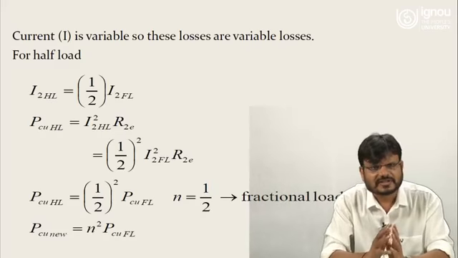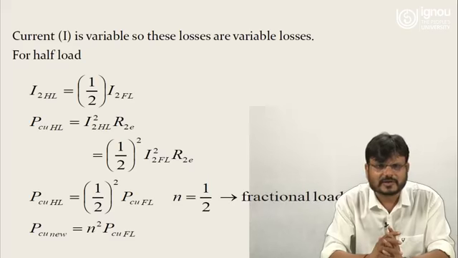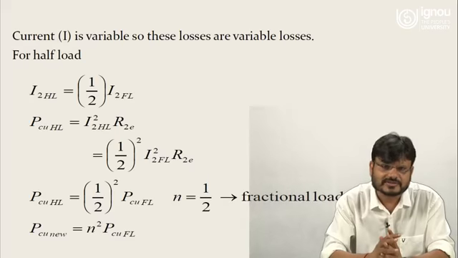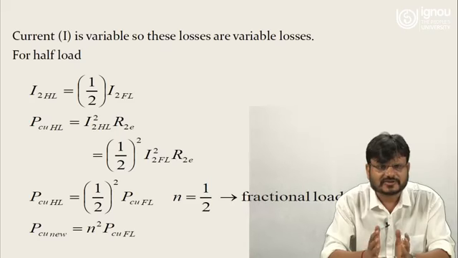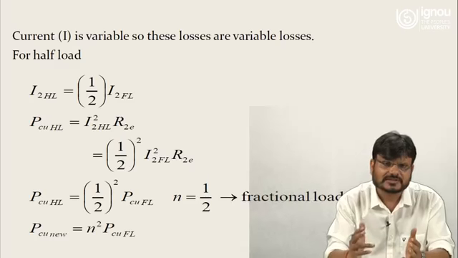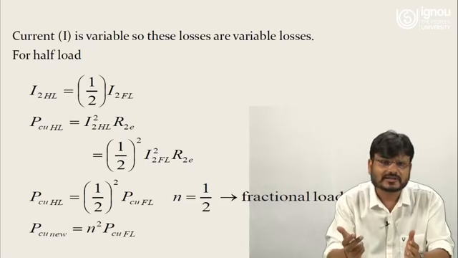Now, as I already told you, copper loss is a variable loss. It depends on the current, and copper loss is nothing but an I square R loss. That means copper loss depends on the square of the current.